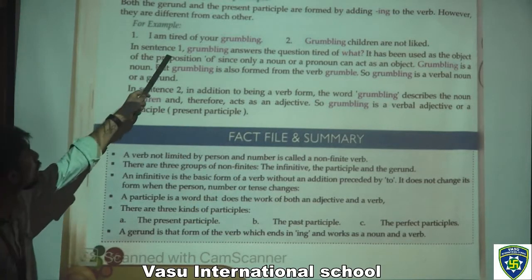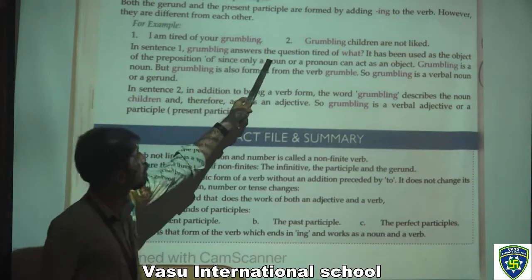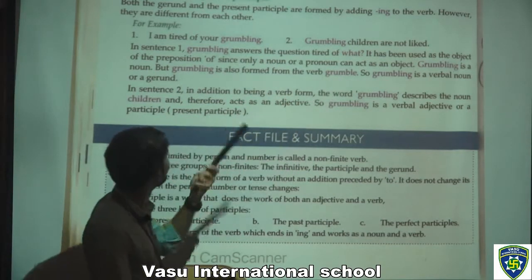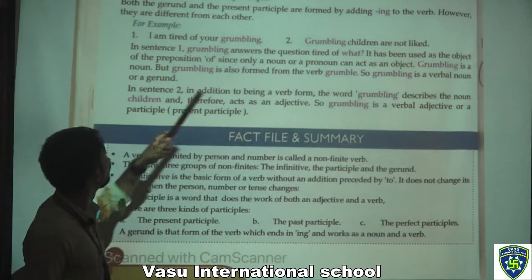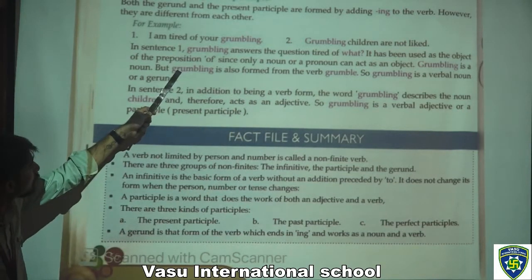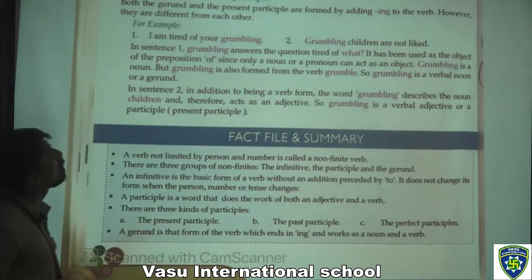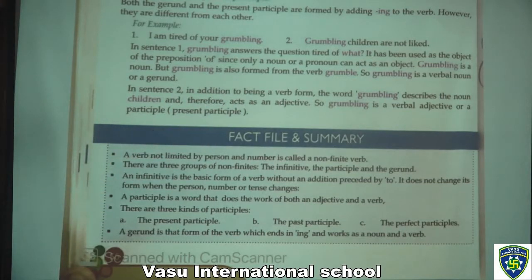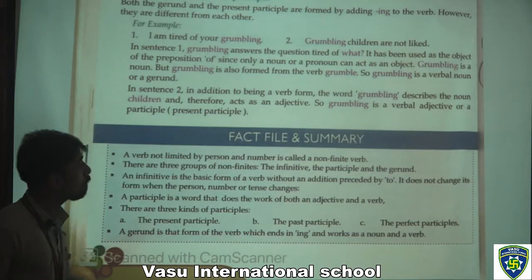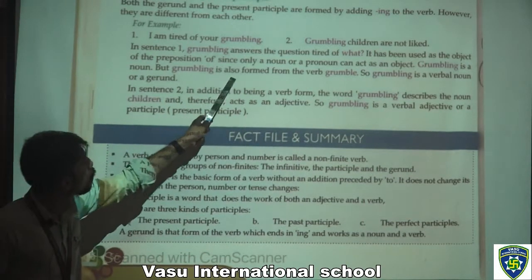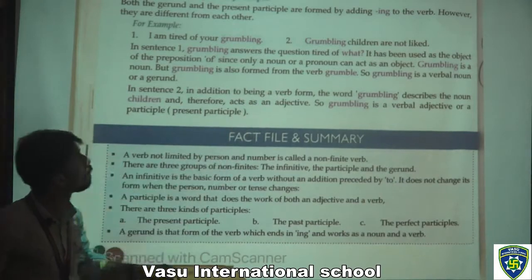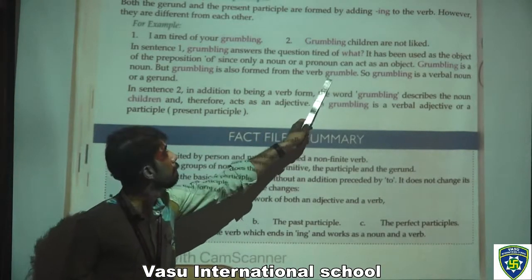In sentence 1, grumbling answers the question: tired of what? It has been used as the object of the preposition of, since only a noun or a pronoun can act as an object. Now grumbling is a noun, but grumbling is also formed from the verb grumble.